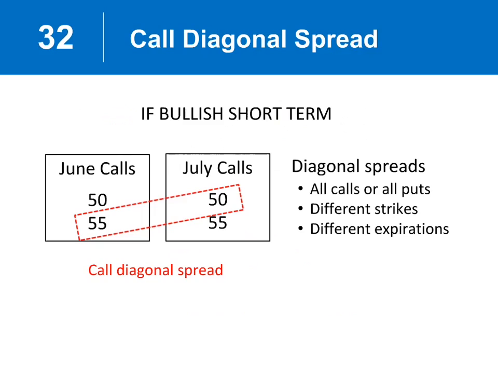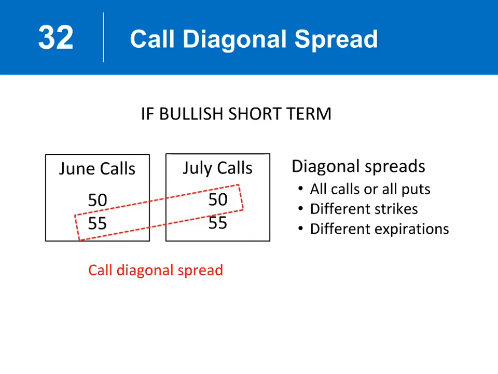And again, these diagonal spreads, all calls or puts, but different strikes and different expirations. That's what sets them apart. They can be an extremely effective tool for a roll in this type of spread or others.